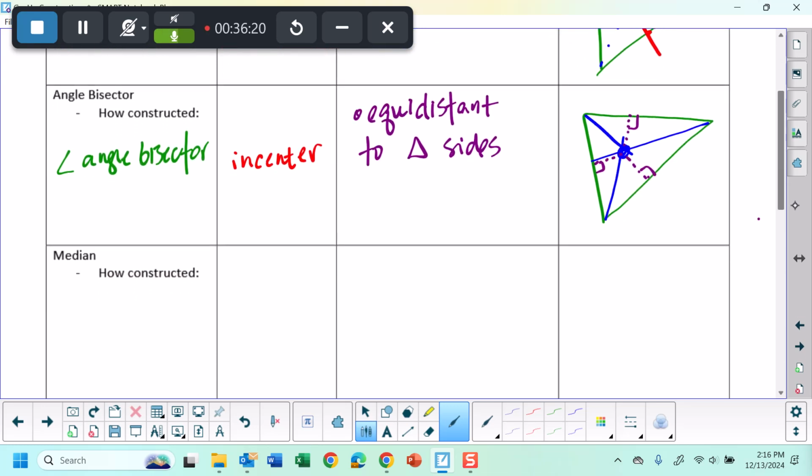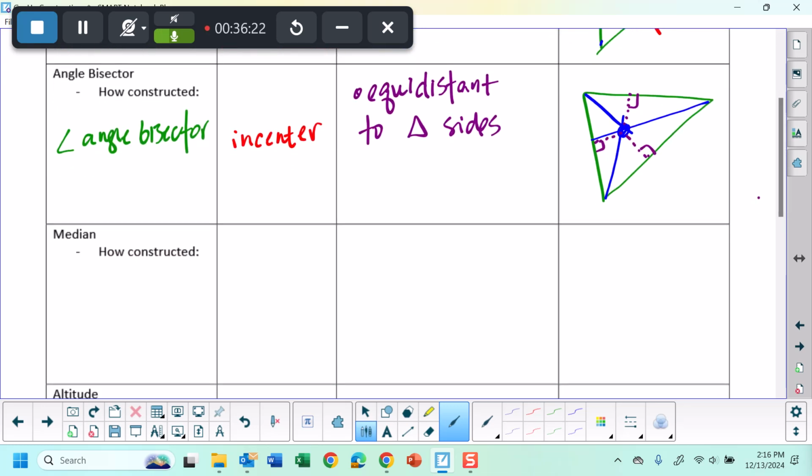When I talk about my medians, that's where I connect my midpoints to my opposite vertex.